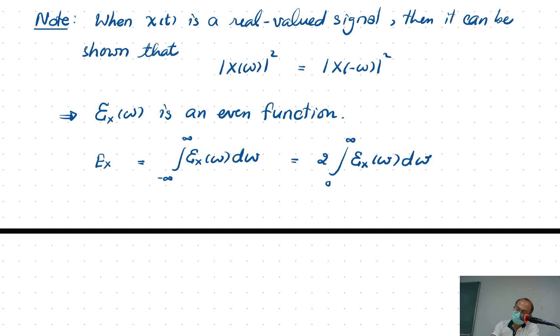So this leads us to another definition of the energy spectral density.